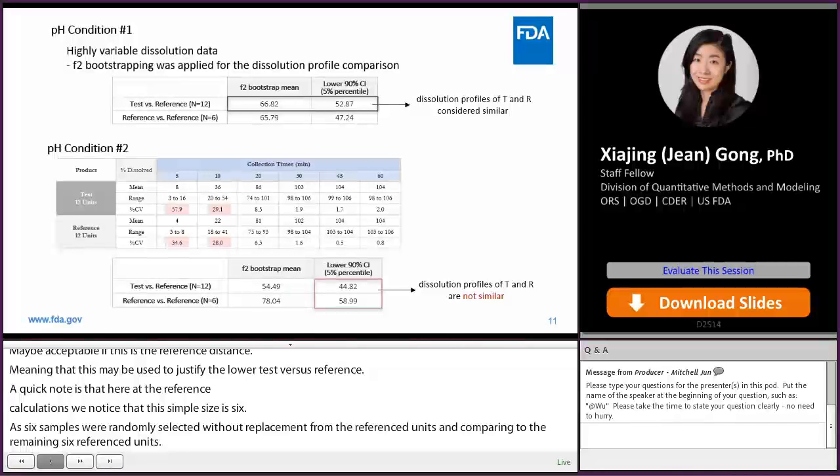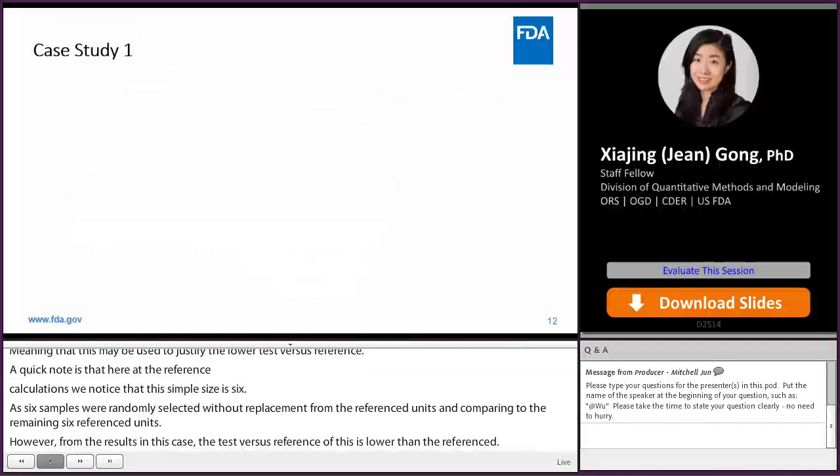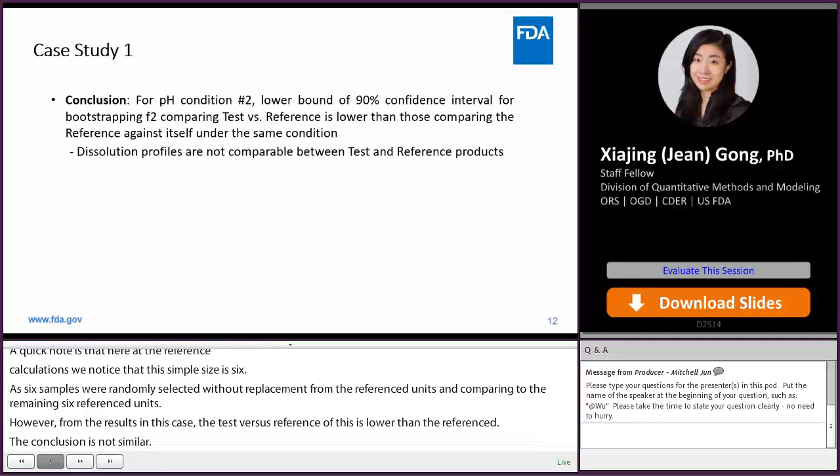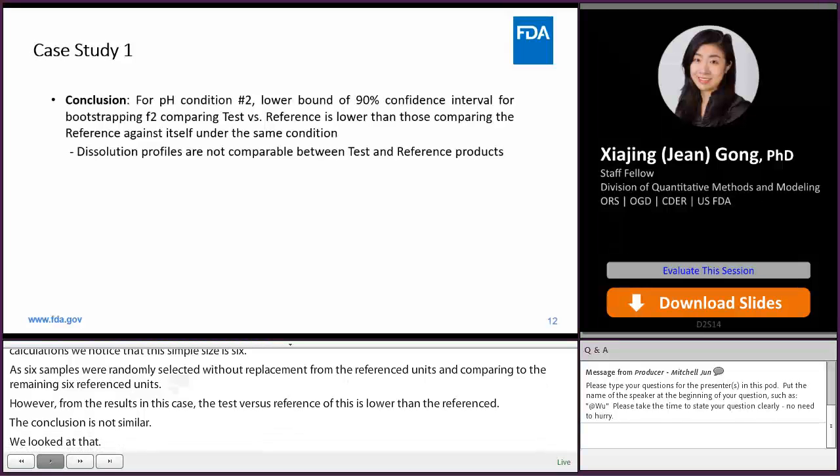So the conclusion is the dissolution profiles of test and reference are not similar. Through case study 1, we looked at how the dissimilarity conclusion was drawn by comparing the bootstrapping F2 90% confidence interval lower bound for test versus reference to those comparing reference against itself under the same condition.